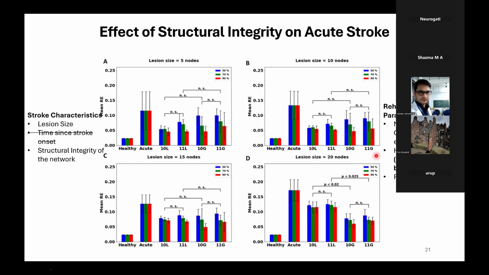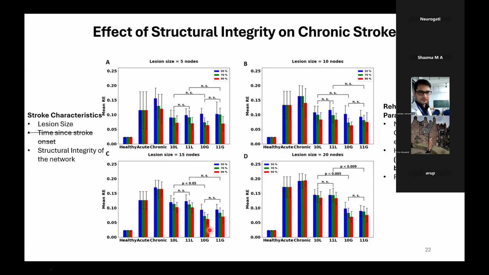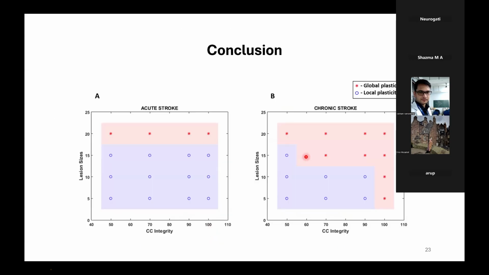local and global plasticity. For acute stroke condition, global plasticity is preferred over local plasticity when the lesion size is extremely high. But the picture is a little bit more complicated when the network undergoes chronic stroke. It's going to be more clear here.